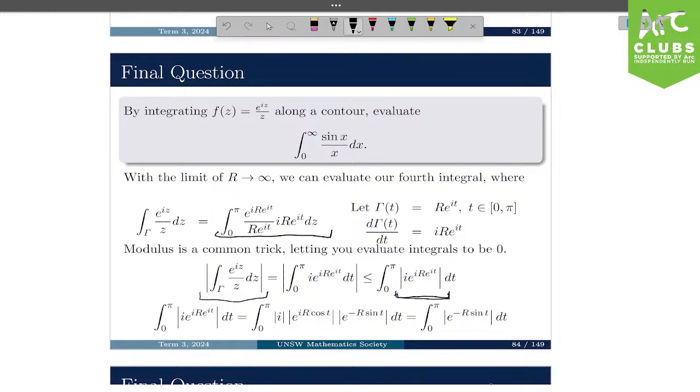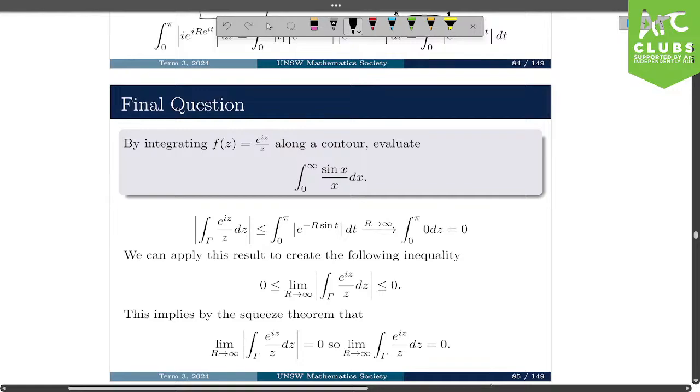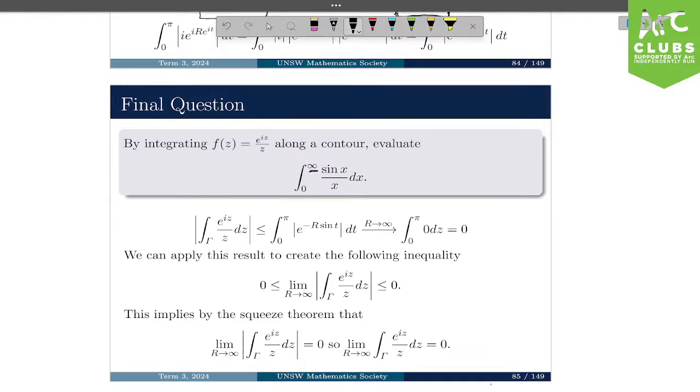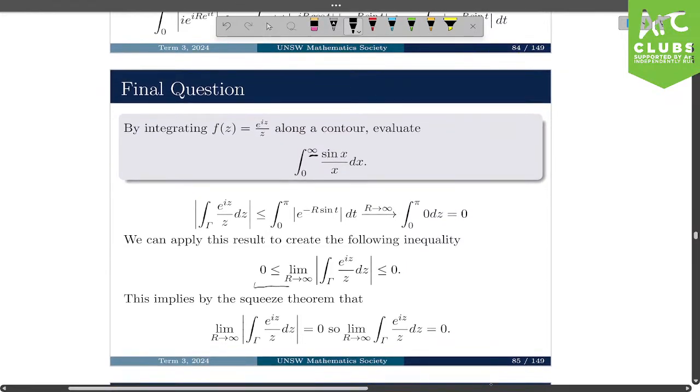And as you push R to infinity, which is what we want since our upper bound is infinity, this is going to tend towards the integral of 0 from 0 to pi, which is obviously just 0. So our second integral that we need to evaluate is just equal to 0.